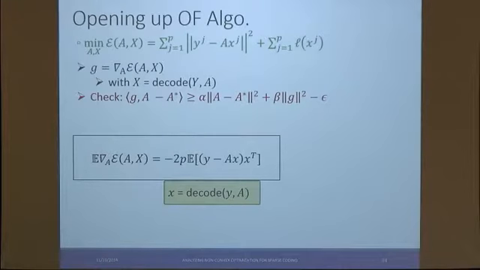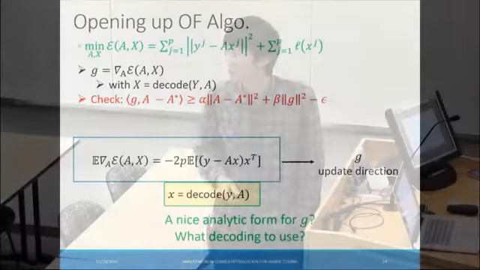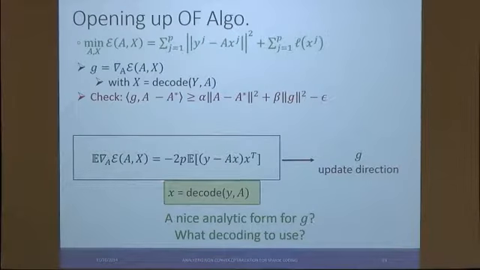You don't really know. So the question is whether you can have a good form for G so that you can check your condition, and what decoding you want to use so that you can really have an analytic form of G.